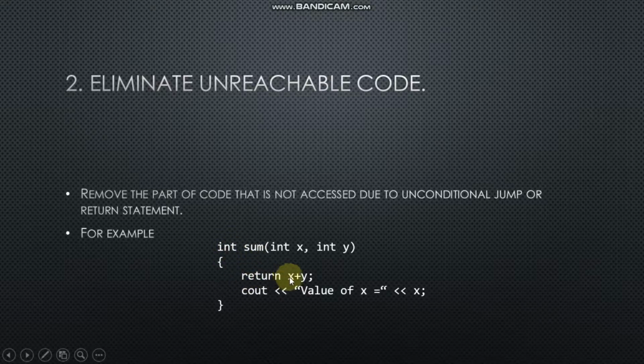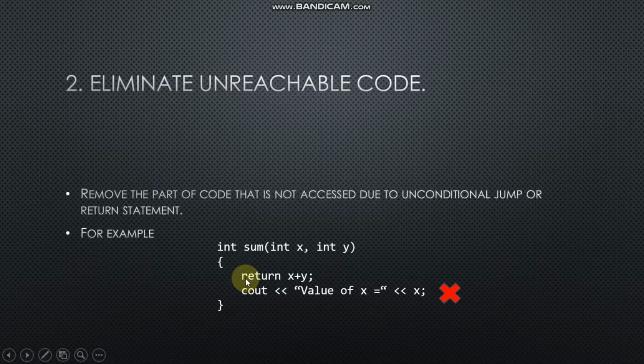This return x plus y states that we are returning the sum. Cout value of x will display the value, but this code is unreachable as the control is already transferred on this previous instruction of return.